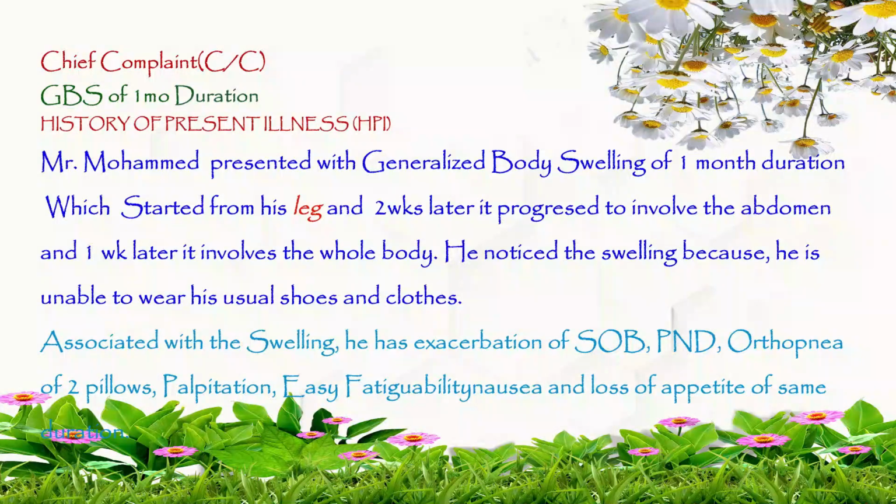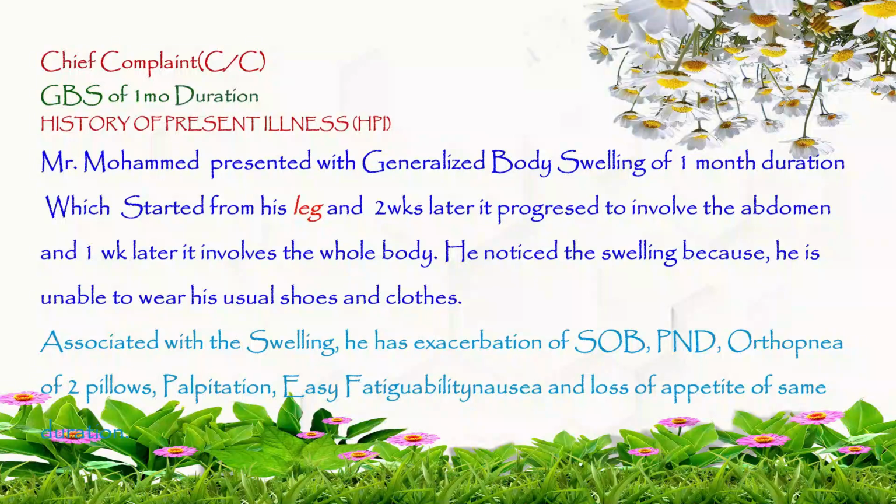The progression of the swelling is very important because it will give us a clue to the underlying pathology. After explaining the body swelling, we list the associated symptoms the patient has, so that we can specifically narrow our differential diagnosis, or decide on which organ we should focus.